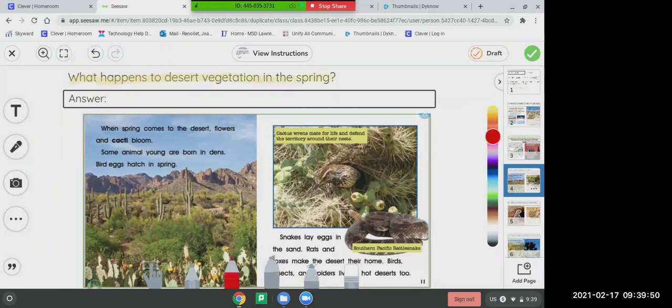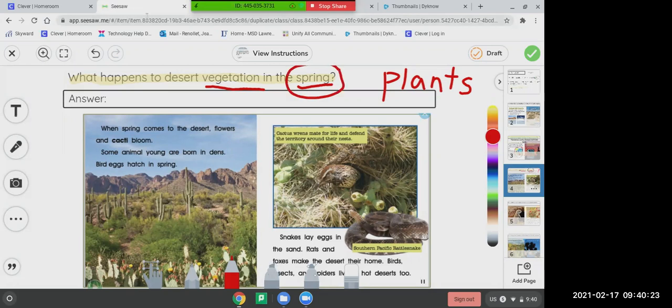I noticed some clue words that I want to look for as I study my text. I want to know what happens to desert vegetation. Remember, vegetation is the same thing as plants. What happens to plants in the desert in the springtime? This is a really important key word to look for in the text.